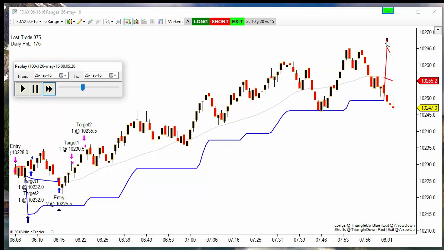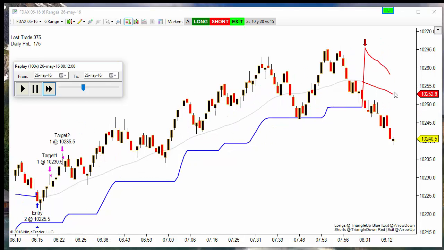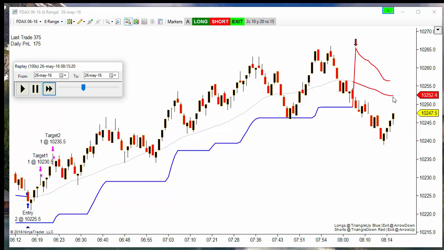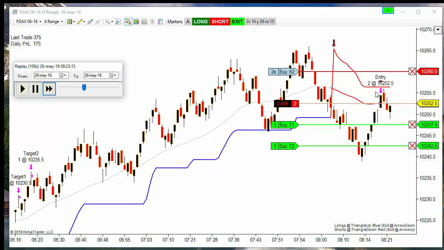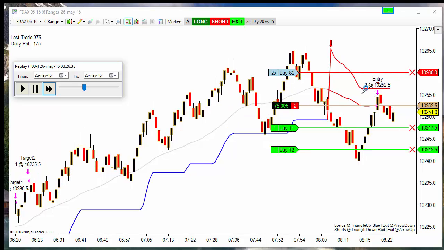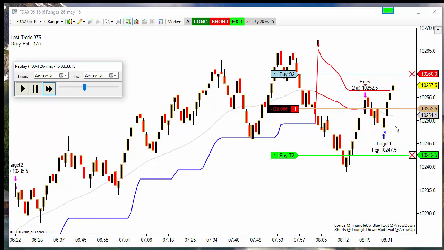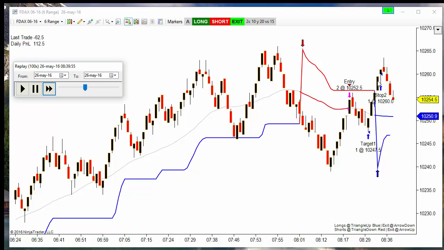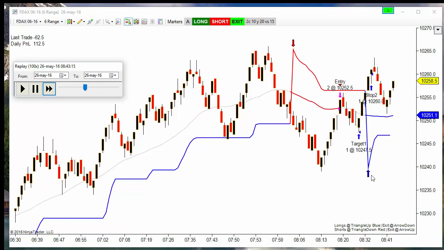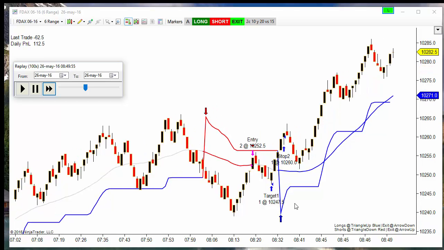Now we have a short trend change, so we are looking for a pullback. Order filled. Again, this trend change entry worked. Target filled. Maybe this is not a good pullback entry. We got only target 1 and then the trend changed.